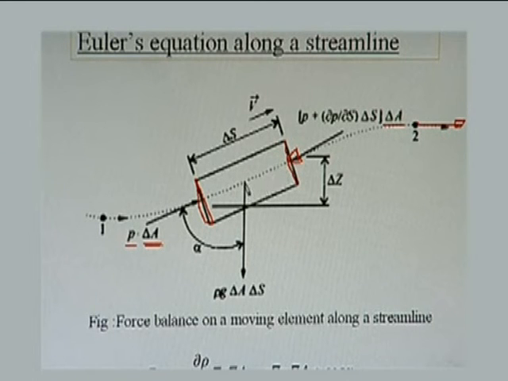This weight of the fluid element will act through the Cg of this fluid element in a downwards direction, and its magnitude will be the weight. Weight of this control volume is equal to weight density of fluid multiplied by volume of the fluid element.